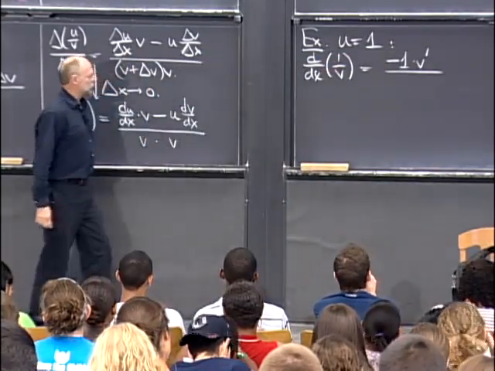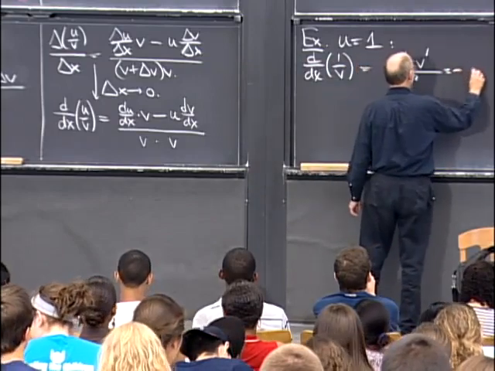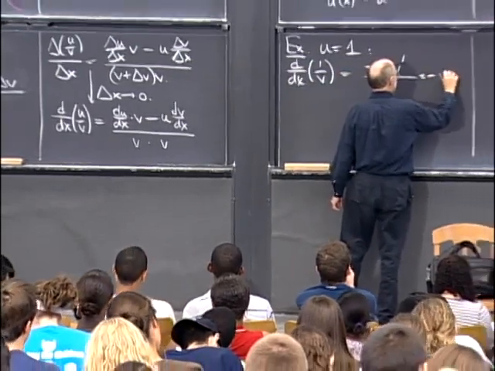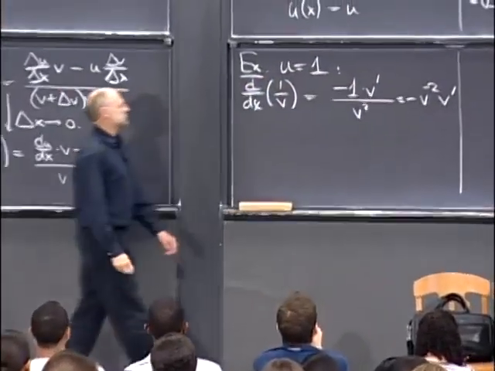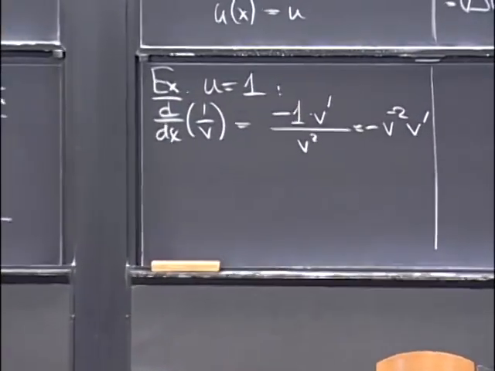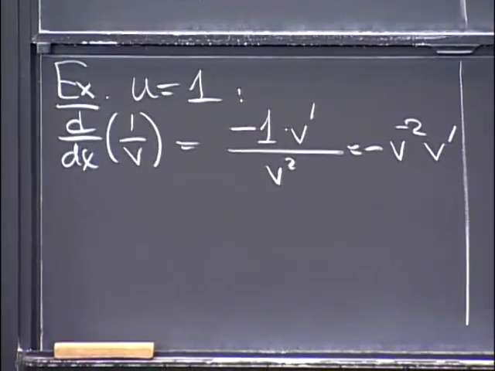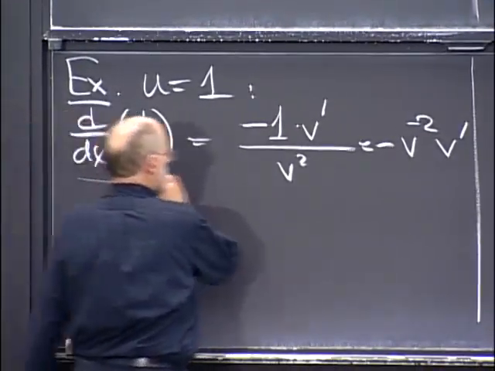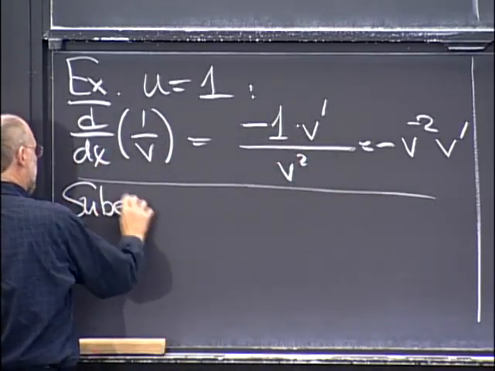And then I get a V squared in the denominator. So that's the rule. Minus V prime divided by V squared. I could write it as minus V to the minus 2 times V prime. That's the derivative of 1 over V. How about an even more specific sub-example of that?